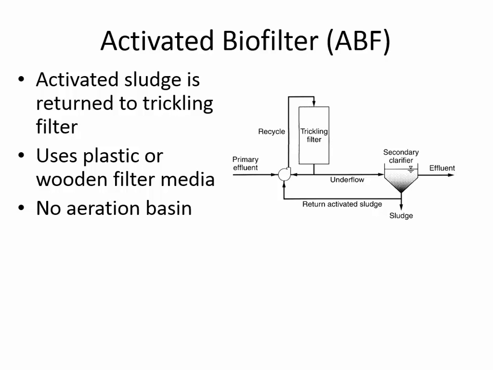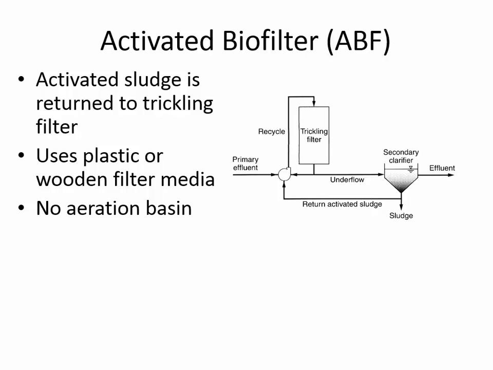All right. This is a unique type of trickling filter configuration, and here what you can see is they're actually returning some sludge from the secondary clarifier and injecting the sludge into the trickling filter. I looked for some photos of an activated biofilter, and I wasn't able to find any using Google image search.